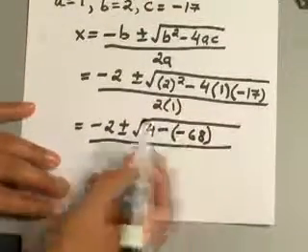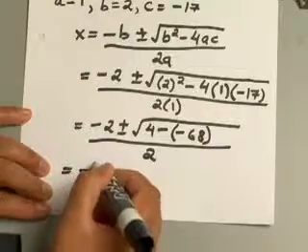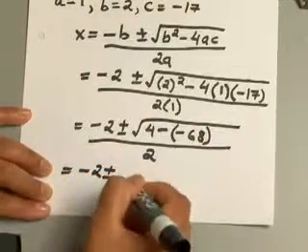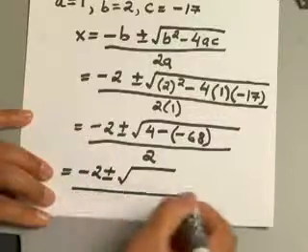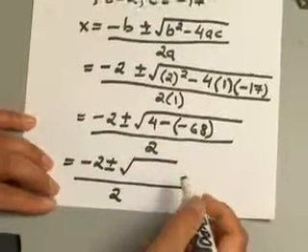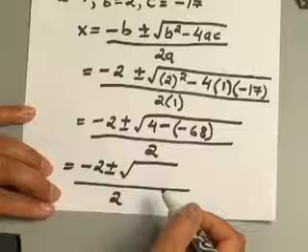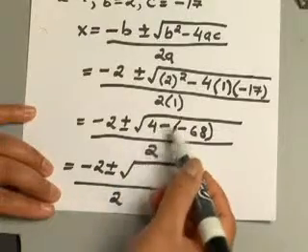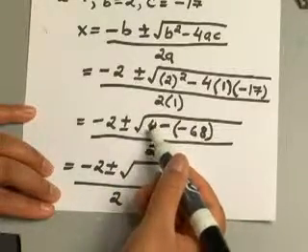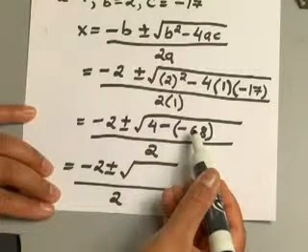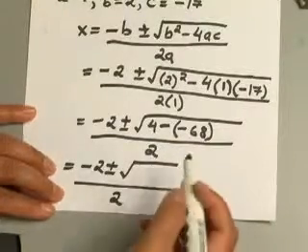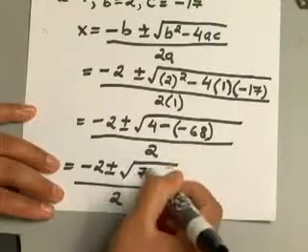Go ahead and combine what's inside the radical. So this time you have 2 negatives which make a positive, so you go ahead and add the 4 into 68, and you will end up with 72.